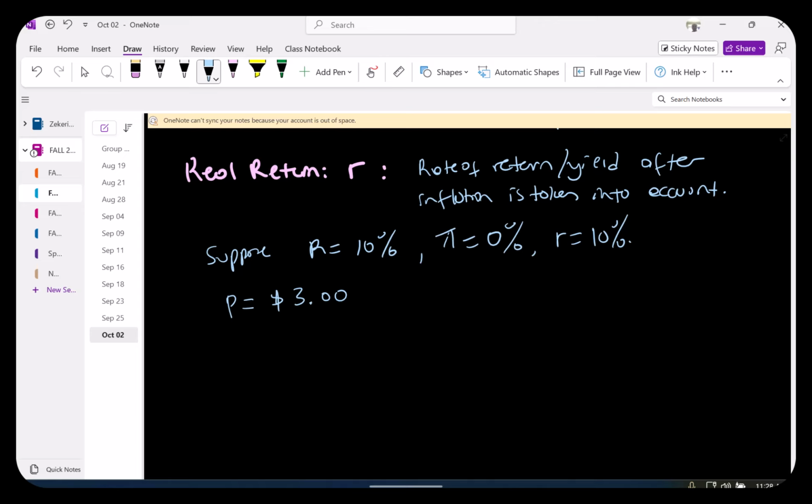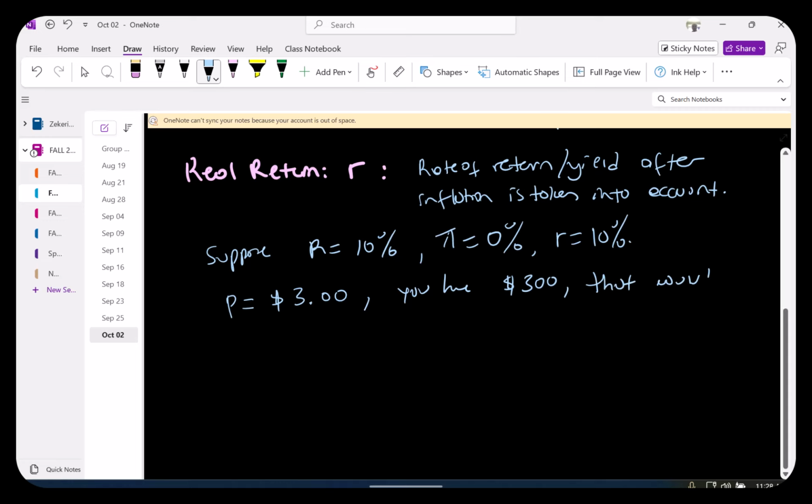In European system, you would write 1.000. And you have $300 that would buy you 100 gallons of gasoline. That would be in US.